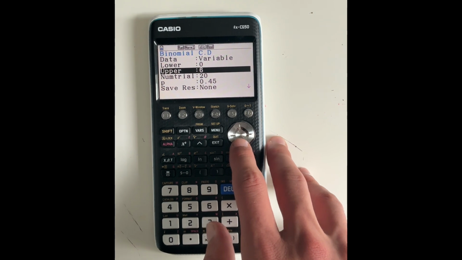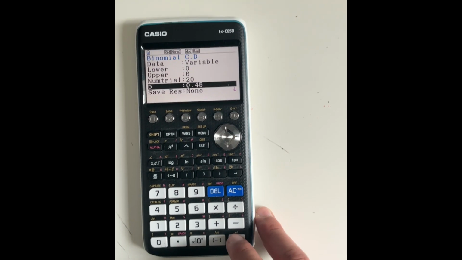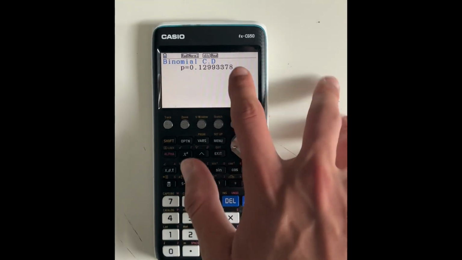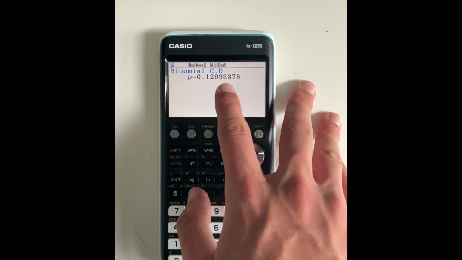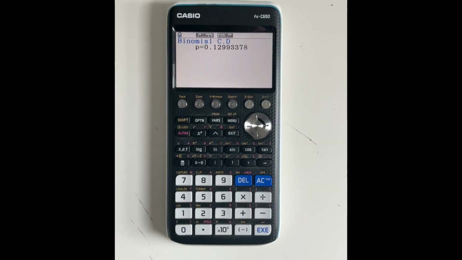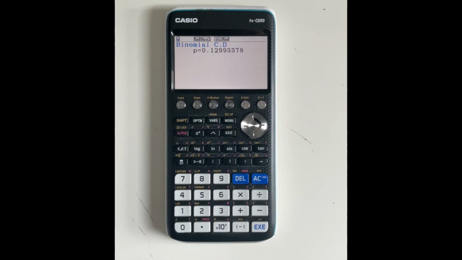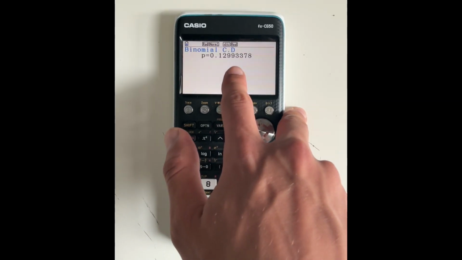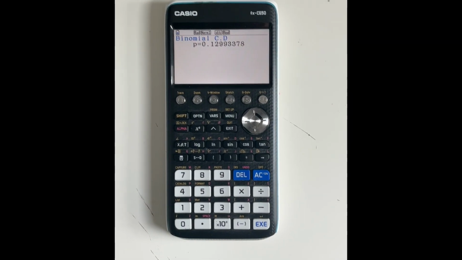Because we have a number of trials of 20 and the probability is 0.45 again, we press exe twice and we get 0.12993 as our probability for x is smaller than or equal to 6. And this is greater than 0.1, so it can't be smaller than 0.1 as they stated in the question.